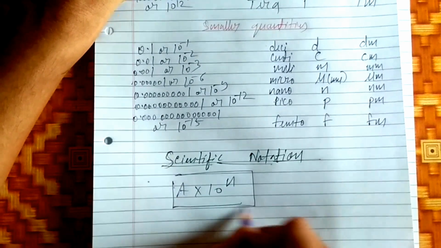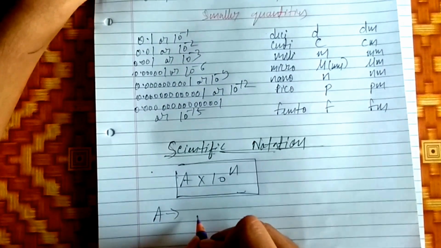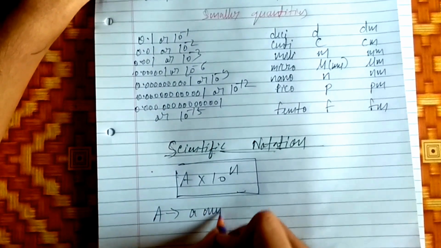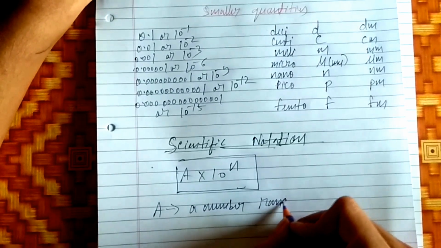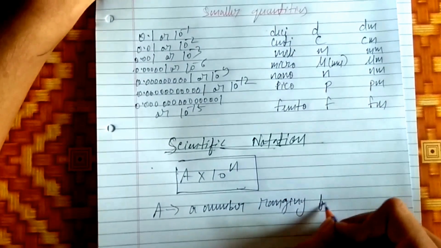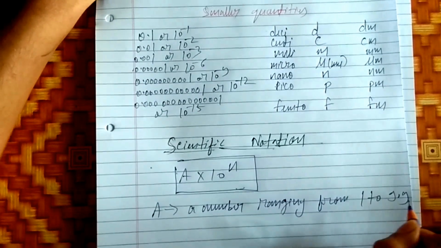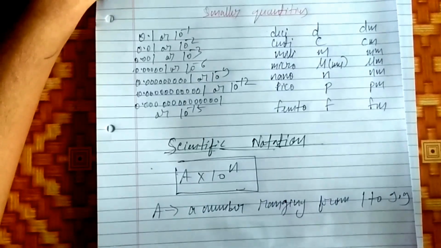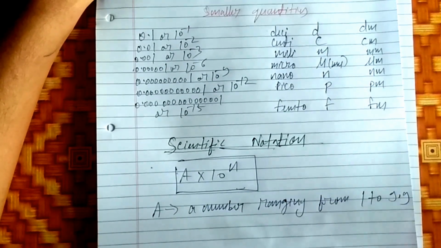In this way we express in scientific notation, where a is a number ranging from 1 to 9.9. Basically it cannot be 10, it will be 1.1, 1.2, from 1 to 9.9.